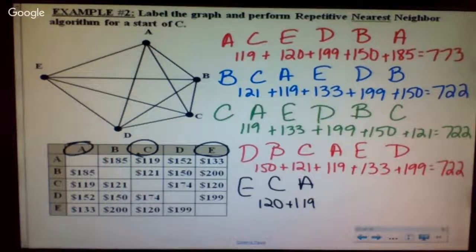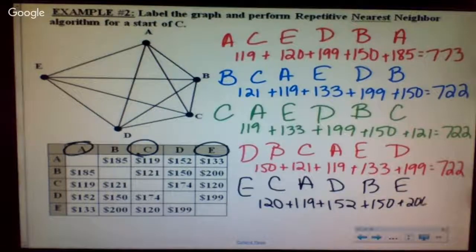We've been A, C, and E. Oh, okay. B or D. I want to go to D next, 152. That's why I circle them on the chart so you know where you've been. Okay. From D, I have to go to B. So D to B is 150. And from B, I have to go back to E. And B to E is 200.